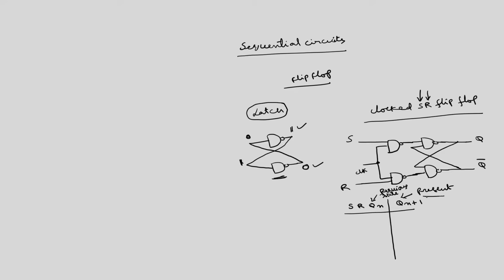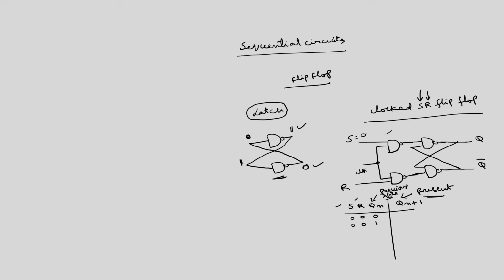That is why the present output depends not only upon the present inputs, but also on the previous output. Okay. So, there are four possibilities for S and R. When S is 0 and R is 0, Qn can be either 0 or 1. When S and R both are zeros and previous output Qn is 0, what will be the present state? When S is 0, R is 0, and the previous state is 1, what will be the present state? This can be easily analyzed from this circuit diagram.